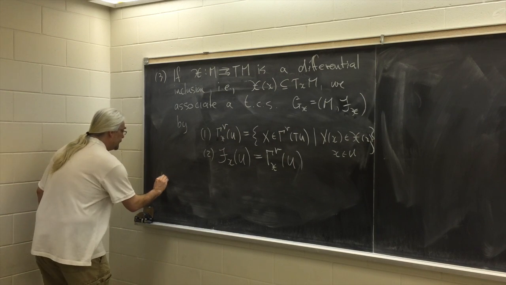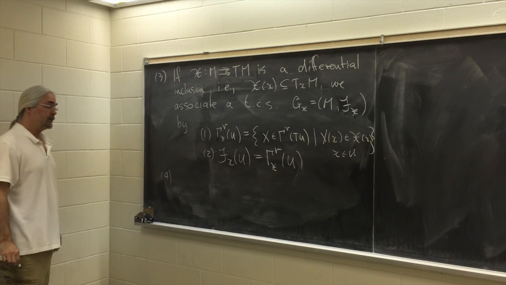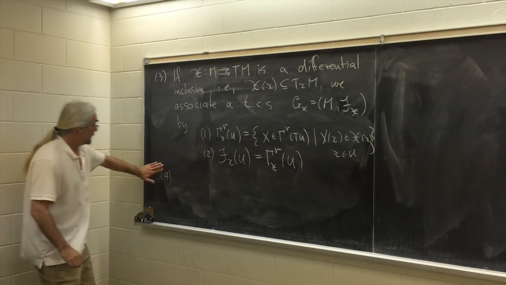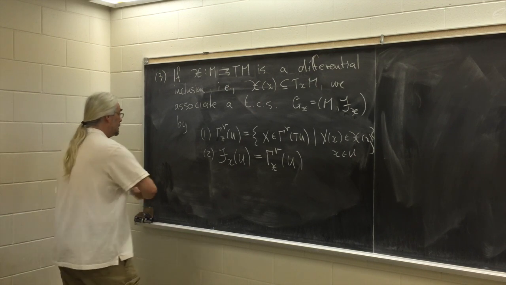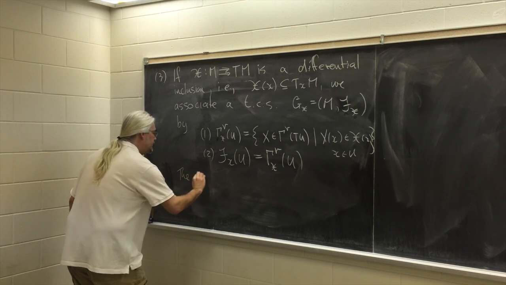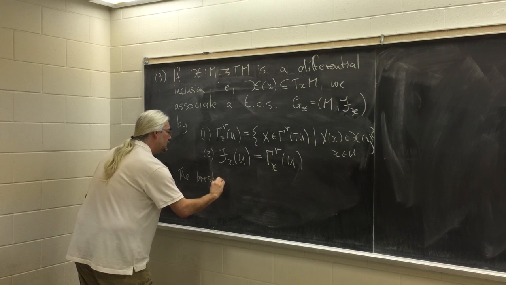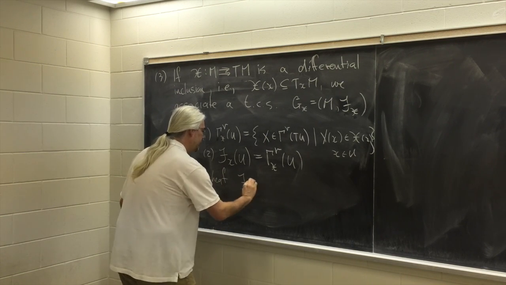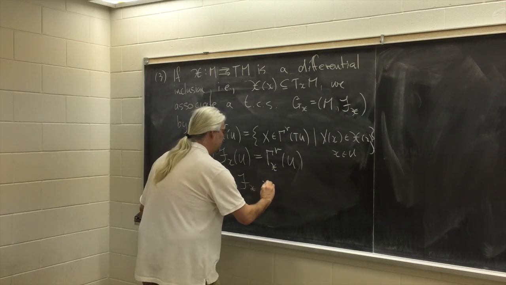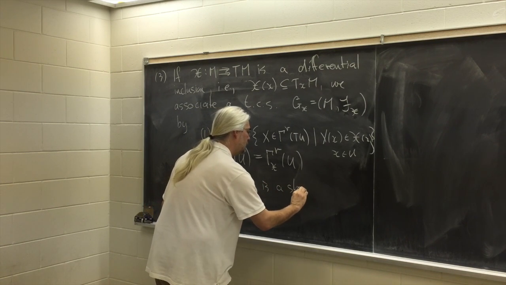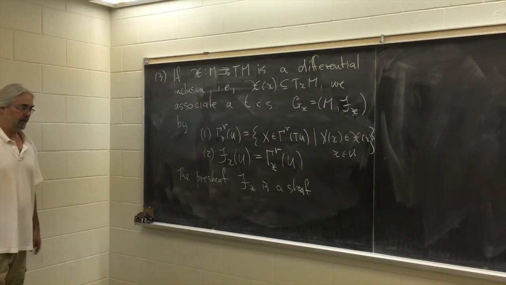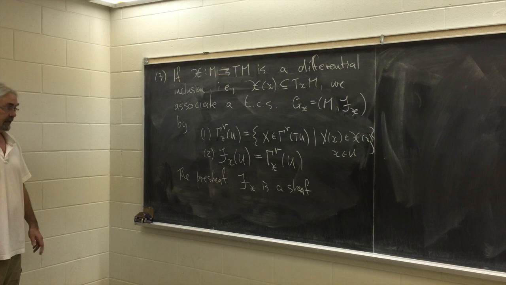All right, and so you can also go from, let me just say here, the presheaf Fx is a sheaf. You can prove that just by using the definition of sheaf.